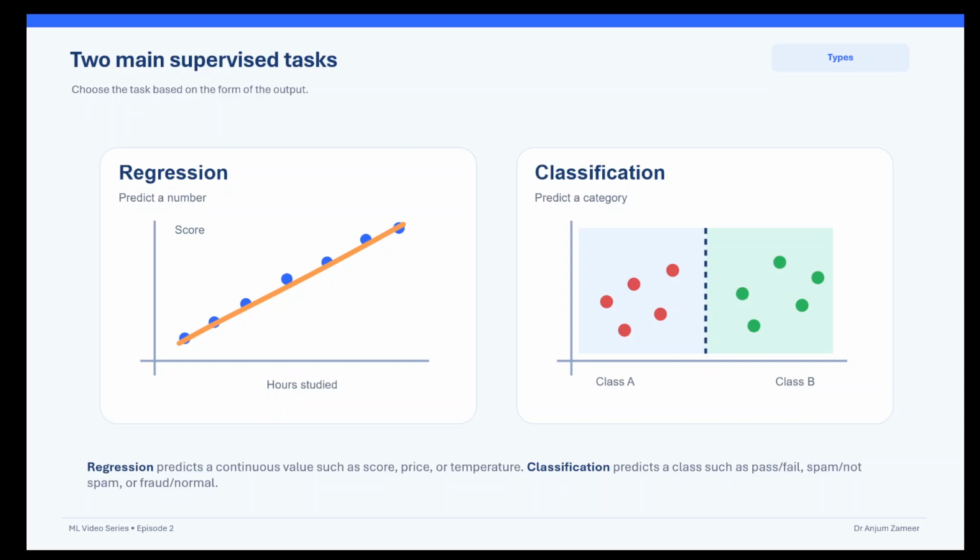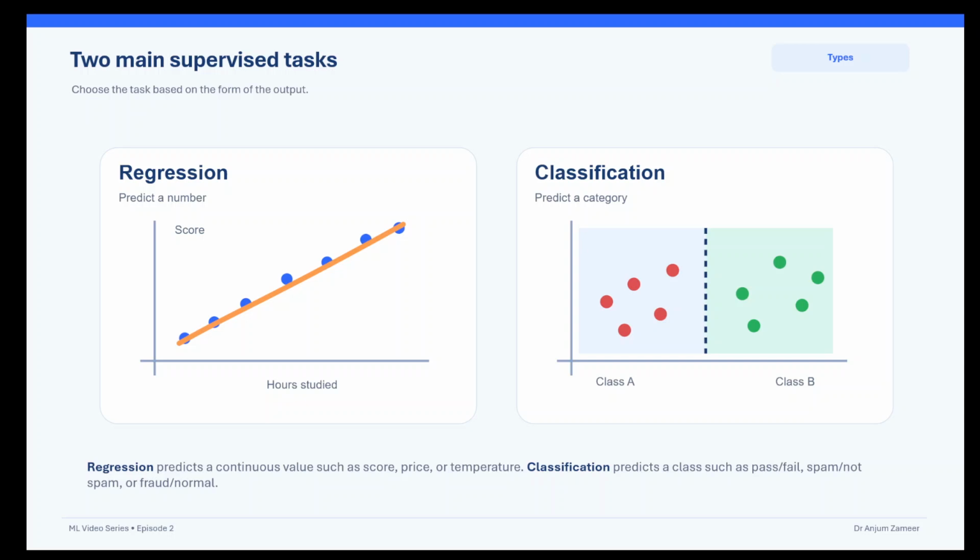Regression predicts a continuous value such as a score, price, or temperature. So definitely with the increase in hours studied by a student, the score is increasing on a continuous basis. And it can happen similarly with other types of numbers, for example price, score, or temperature.